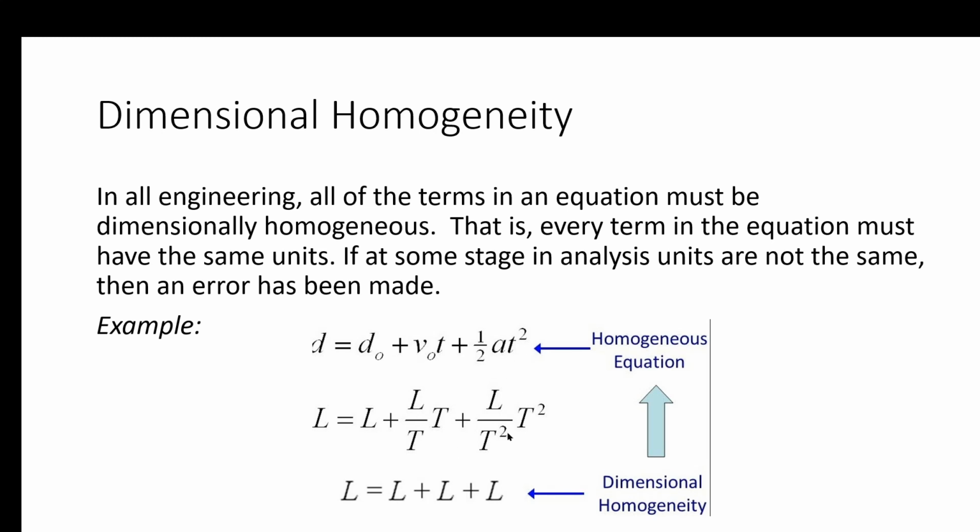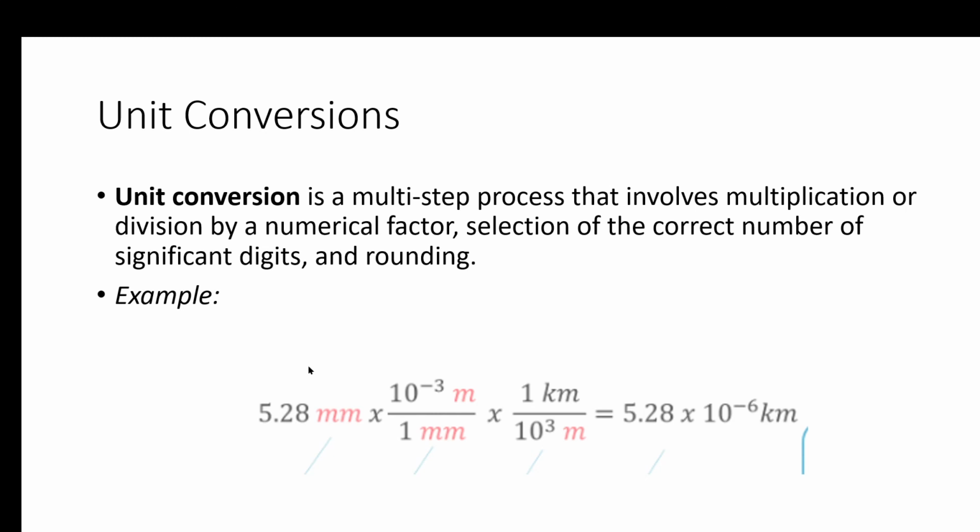And A is length over time squared, and this cancels out this time. So the end result, showing that this is a possible valid equation, is that we have length on both sides. Units of length.